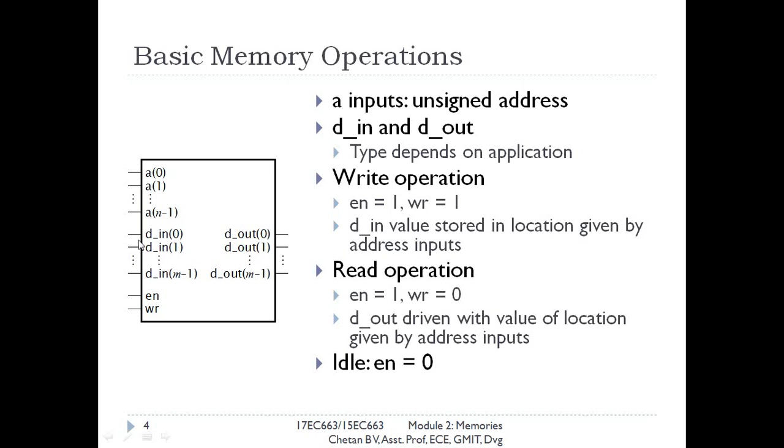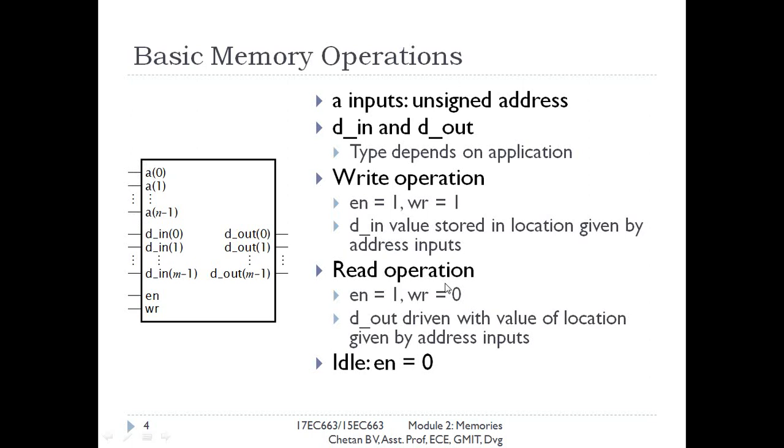So the data will be stored in the address denoted by these address lines. The data will be present on the input port. So this data will be stored in a location in this memory component. The location's address is determined by the data which is present at the address lines.